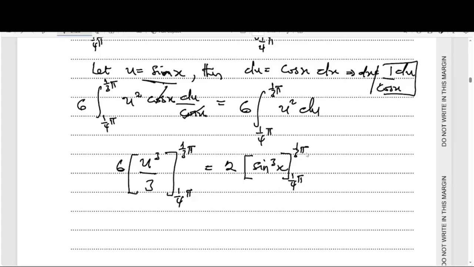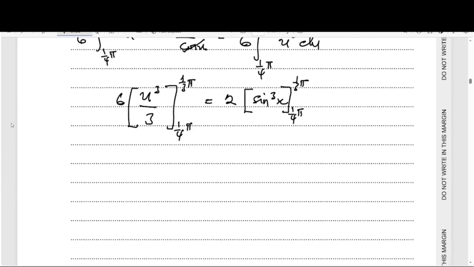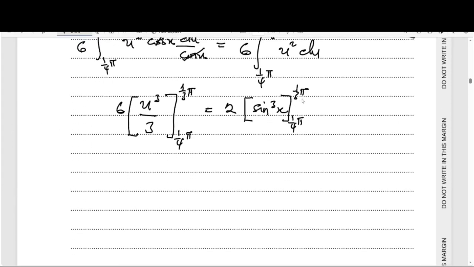If I had changed the limits so that they were redefined for u, there wouldn't be any need for me to bring the sine x back. But that wasn't what I did, so I need to bring the sine x back. Now the next thing is to do a substitution. Substitute the upper limit first before the lower limit, and then subtract them.